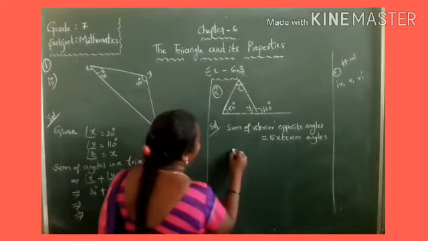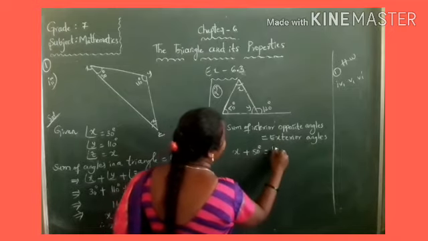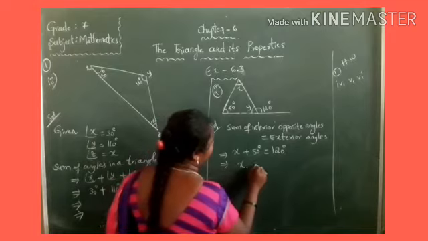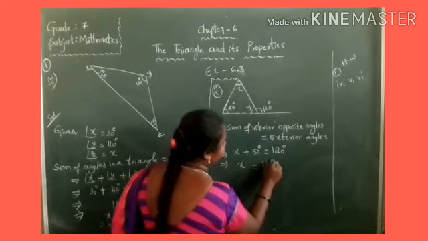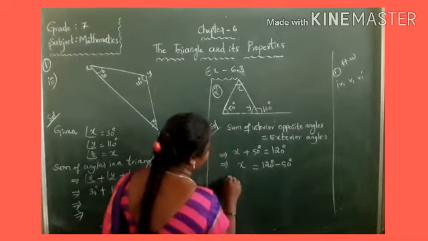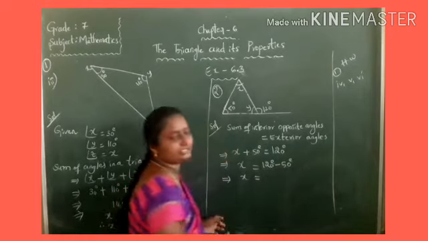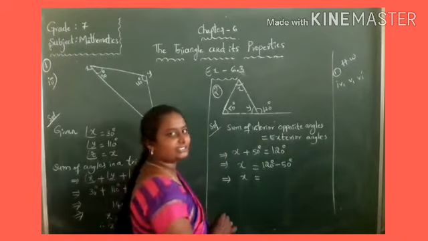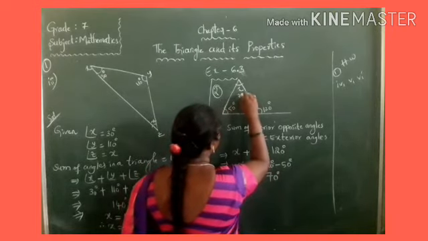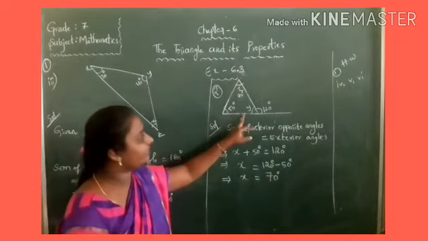So what are they? x plus 50 degrees is equal to 120 degrees. Now find the x value. 120 degrees, transpose plus 50, it is minus 50 degrees. Then x is equal to 120 degrees minus 50 degrees. How much? 70 degrees. So x value is 70 degrees.